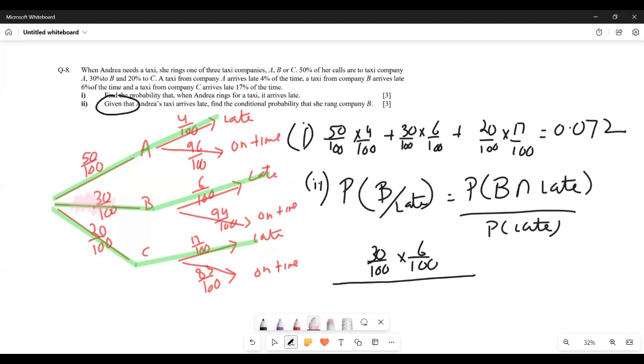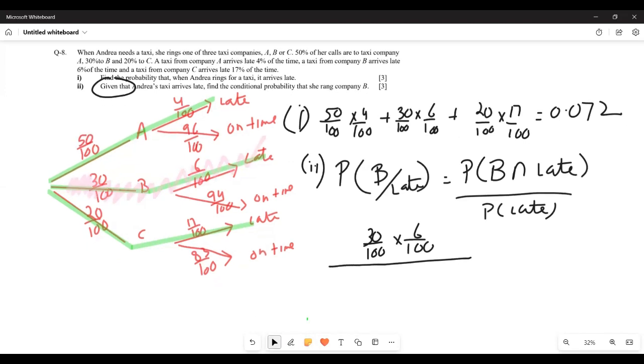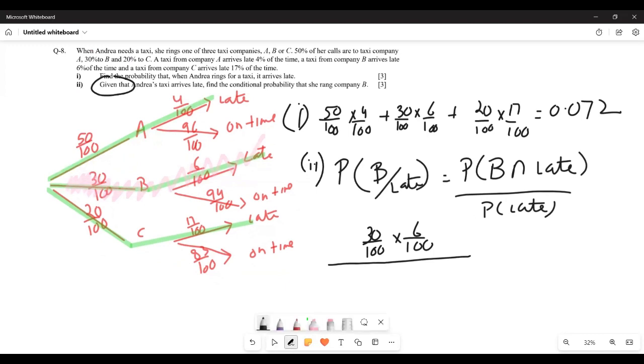In case you're wondering, B and late. And probability late I've already found in the last part, 0.072. Ideally, you should be using 4 decimal places at least. Okay, this gives 0.25.